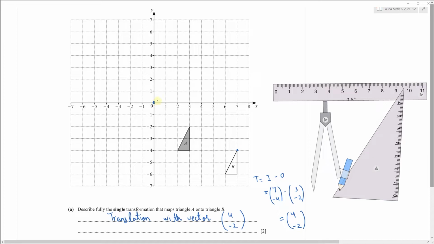So how do you do the rotation? I'll connect each of these vertices with the center of rotation like this, and then like this, and the third one like this.